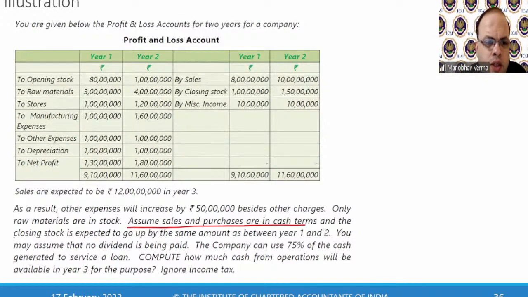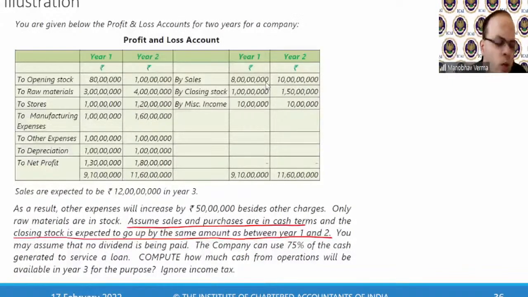And the closing stock is expected to go up by the same amount as between year 1 and 2. The company can use 75% of the cash generated to service a loan. And the question is, how much cash from operations will be available for year 3?